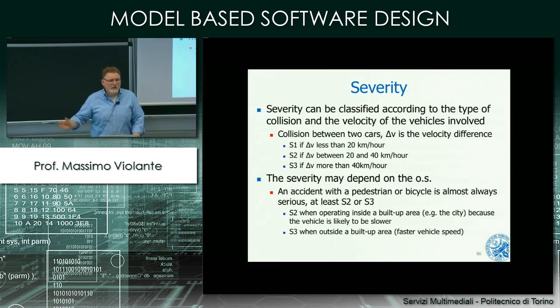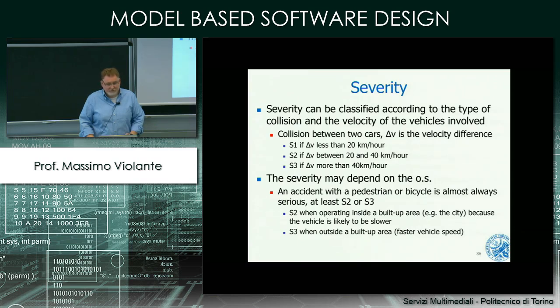If we consider Torino, if we consider Corso Duca degli Abruzzi, what cars are normally doing, moving from one traffic light to the other one, they can go up to 70 or 80 kilometers per hour. So if you have an incident there, it is still within a city, but the speed is high. And so it is most likely that if a person, like a pedestrian, is involved, it will be S3.